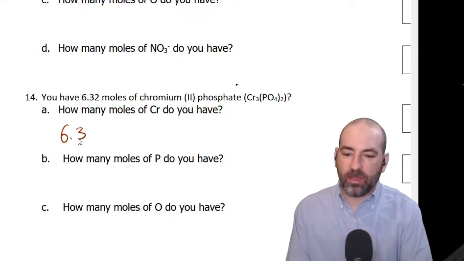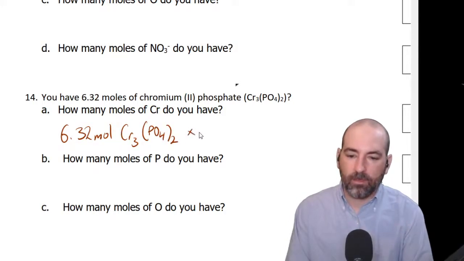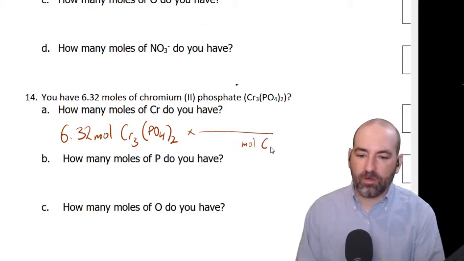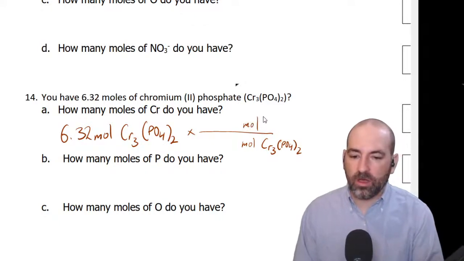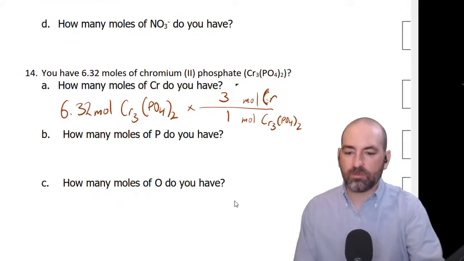Well, we're going to start with that number, 6.32 moles of the whole thing, and we're going to multiply by a conversion factor that takes us from moles of the whole thing to moles of just Cr, just chromium. And that conversion factor is 3 moles of chromium per one of that. So then we can just multiply by 3.